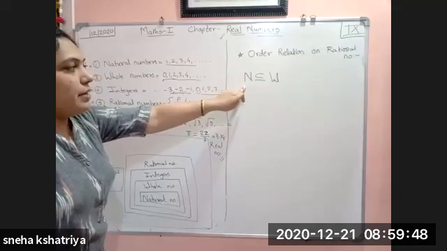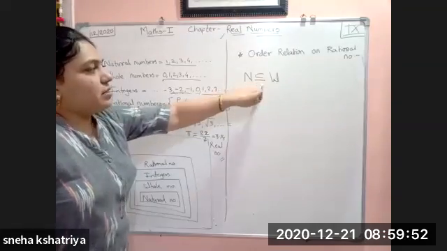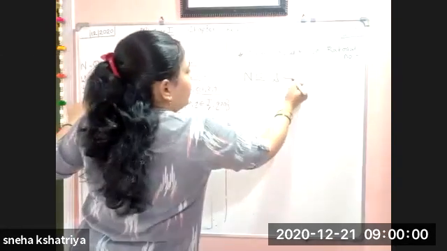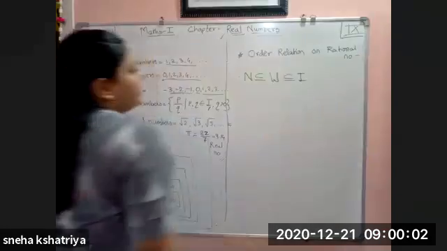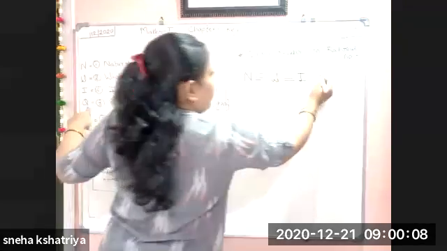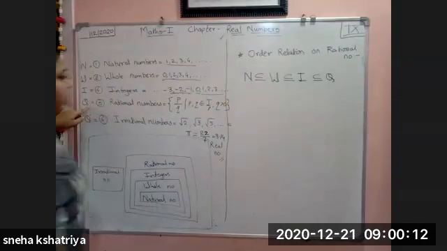If all the elements of natural numbers lie in whole numbers, then N is a subset of W. So N is a subset of W. All the numbers of W lie in I, that is integers. So again W is a subset of integers I. I is a subset again of rational numbers, because all the integers lie in rational numbers.